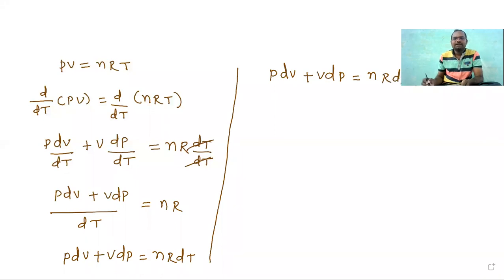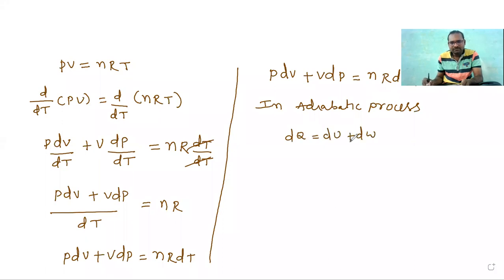But as we know, in an adiabatic process dQ is equal to dU plus dW.